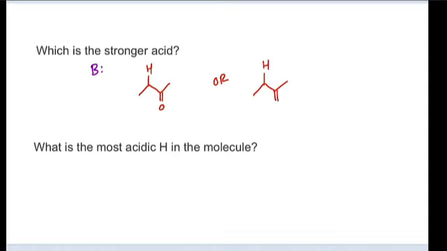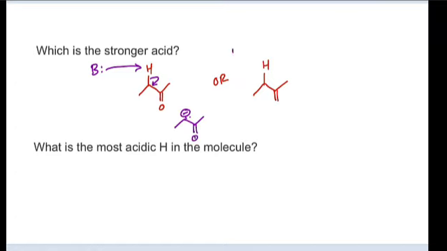That is, we want to look at the stability of the conjugate bases that are formed. So again, the only way to do that is to sort of do the reaction. The mechanism, best thing you can do is write it out rather than try to do it in your head. And let's compare the conjugate base of each of these situations.